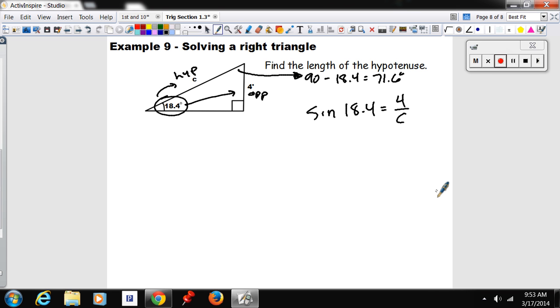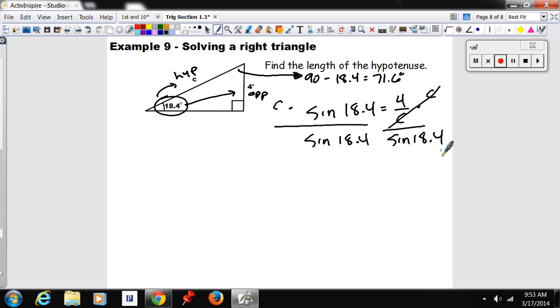You got to do one extra step, right? You got to multiply by the c first, get rid of it on the right side, and then you got to divide by the sine of 18.4. So those are going to cancel out. C is going to be 4 divided by the sine of 18.4, and you get 12.67 feet. So that would be your hypotenuse.